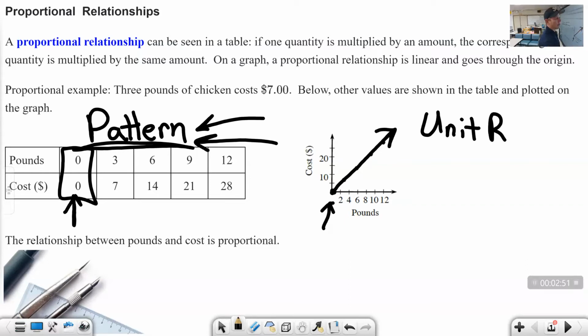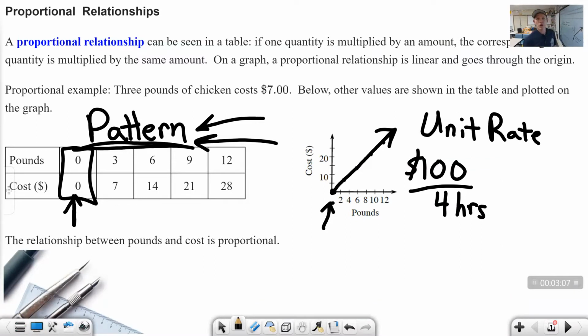Unit rate is when you have a fraction and the denominator is 1. Okay? For example, let me give you this. $100 for 4 hours of work. Okay? I work morning tree work and I got paid $100 for working 4 hours. How much did I make per 1 hour?